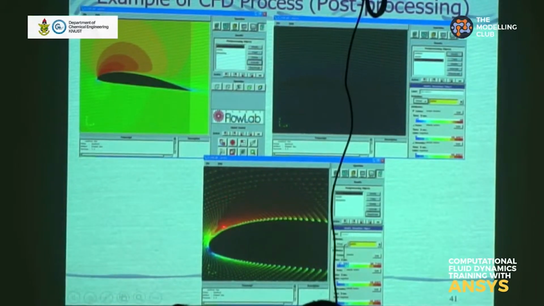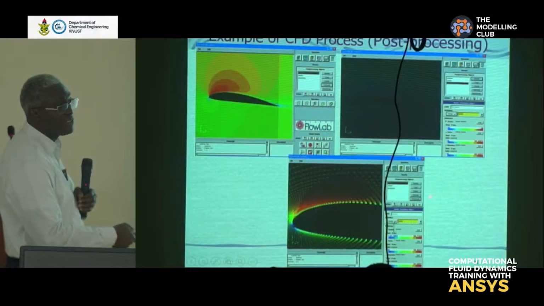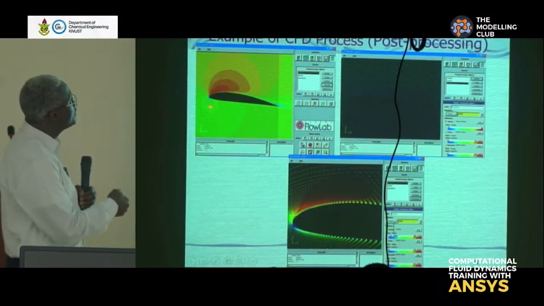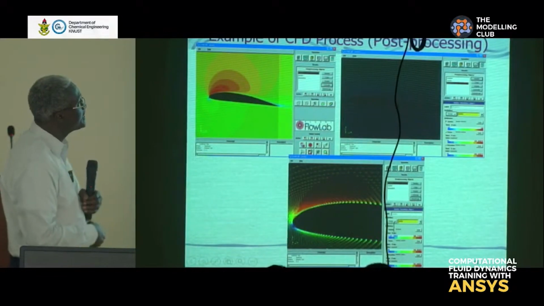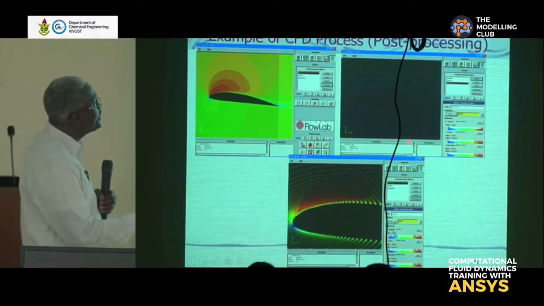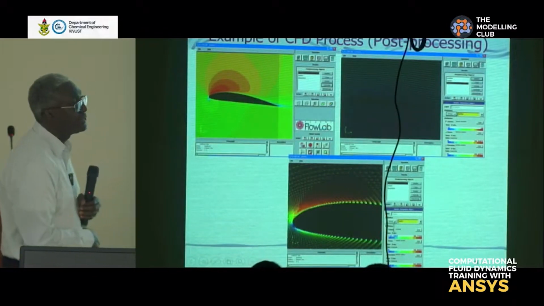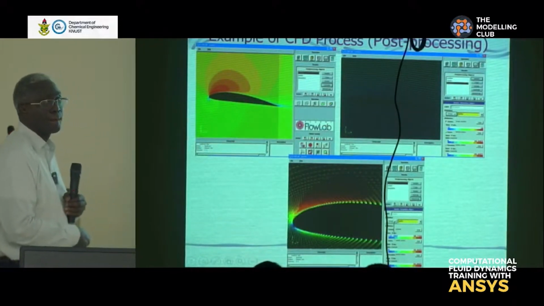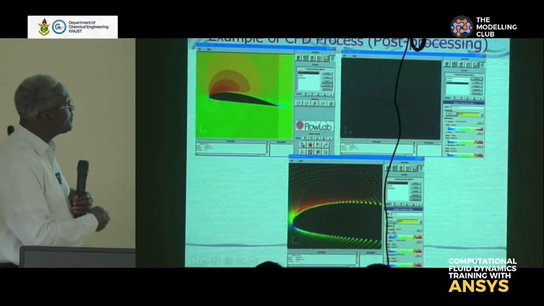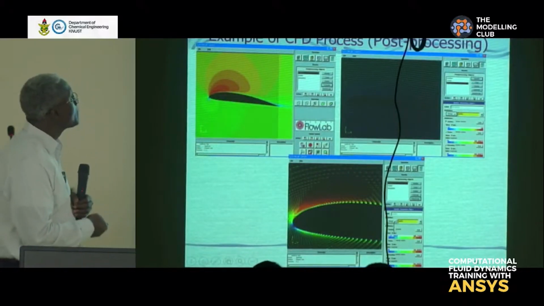These arrows above the airfoil are showing vectors of the velocity around the airfoil, whereas you have the contours in this case. And here, this is showing the streamlines around the airfoil. Again, you specify the type of results you want to see.